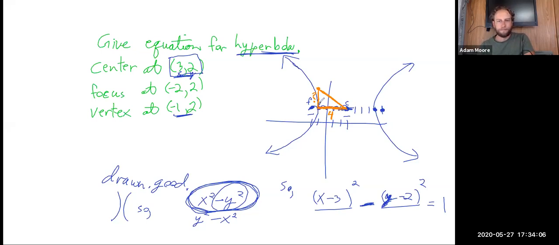So what I want you to do is this: we'll say, okay, it's 4 steps to the vertex, then some number of steps up, but we don't know, we'll figure it out. Since it was 5 steps to get from the center to the focus, that's equivalent to the number of steps it takes through this hypotenuse.